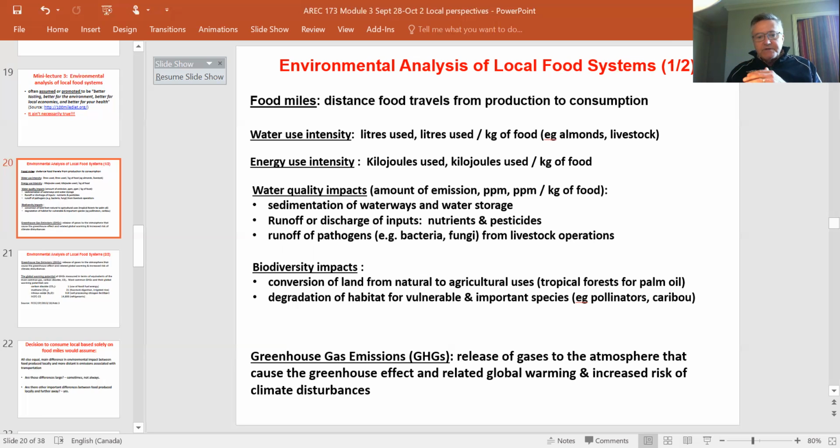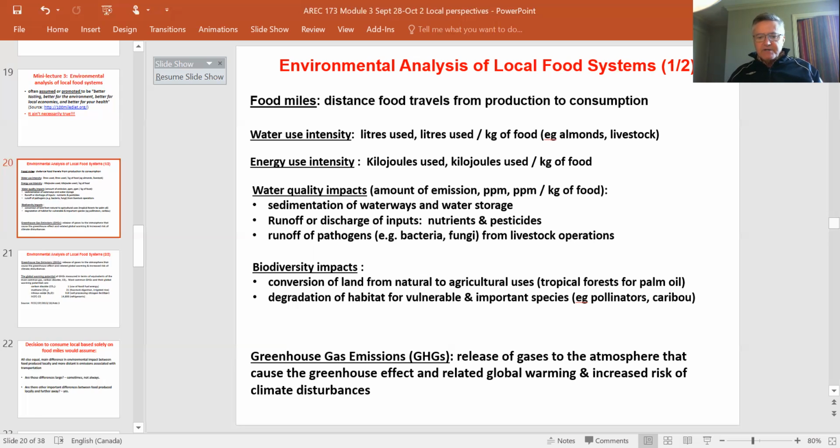What often is used as a catch-all these days in terms of impacts is actually greenhouse gas emissions, partly because we're particularly worried about greenhouse gas emissions as irreversible and more global in their effect than many of these other things that we looked at here.